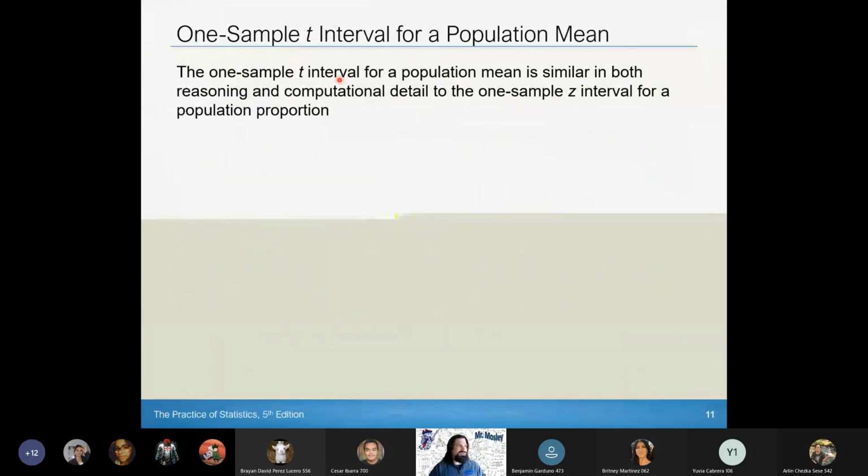The one sample t interval for a population mean. This is our inference method for estimating a population mean. The one sample t interval for population mean is similar in both reasoning and computational detail to the one sample z interval for population proportion, which is what we did in section 8.2 to make an inference about a population proportion.